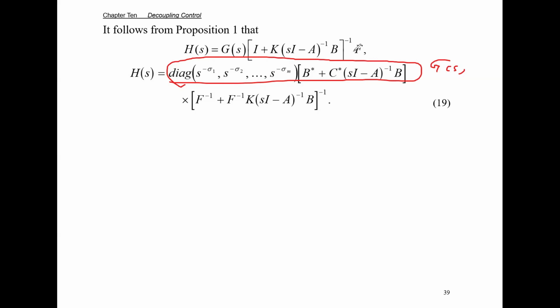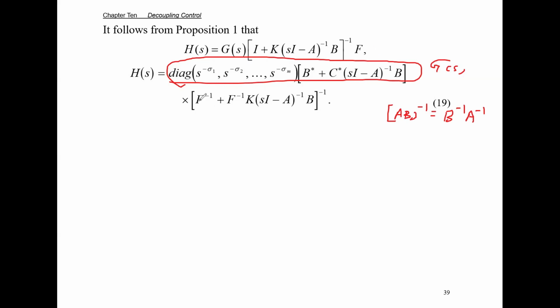Remember, if you take the inverse, of course you have to switch the sequence. It will be B inverse times, if they are all non-singular, you have to do it like this. That's why I put those inside this.